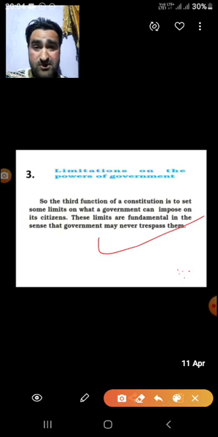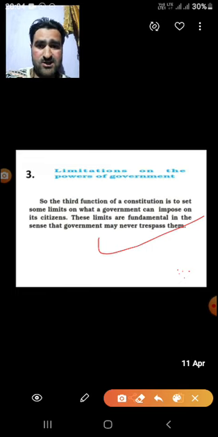This is the most important function of the constitution, because unlike the traditional states where despotic regimes or kings or monarchs used to exercise their powers according to their own whims and fancies, in a democratic system which is run according to the constitution, the government cannot trespass. The government cannot cross its limits.